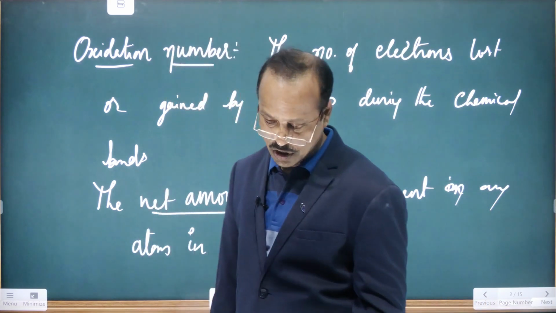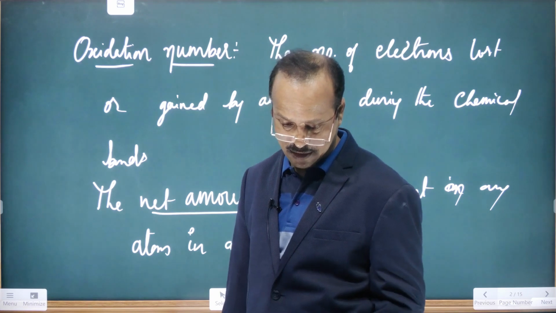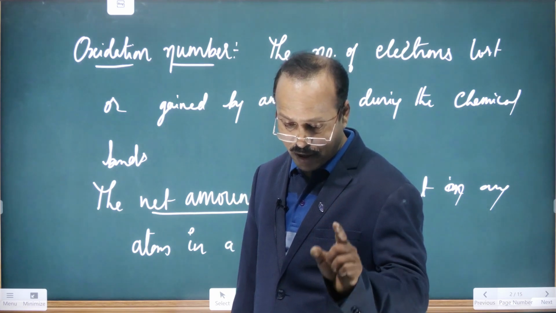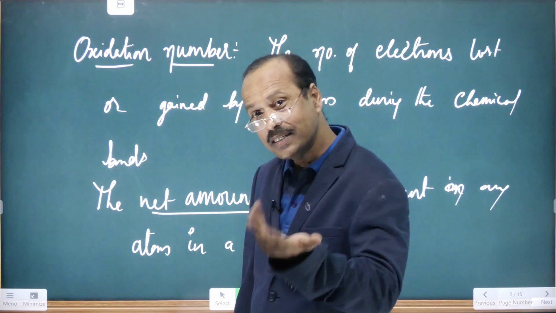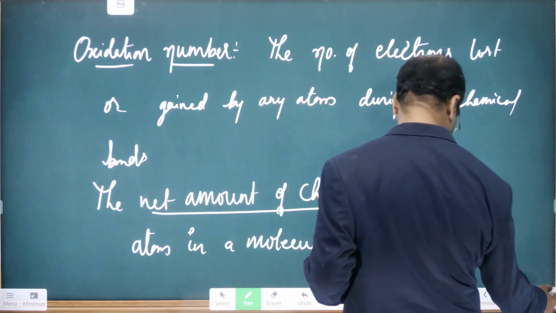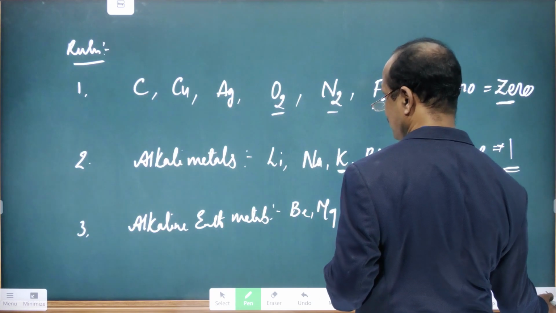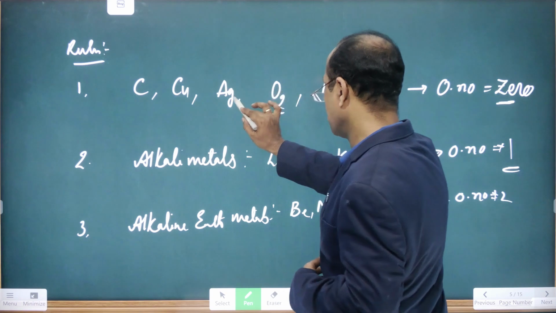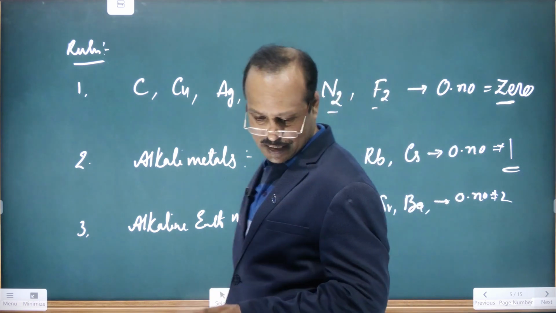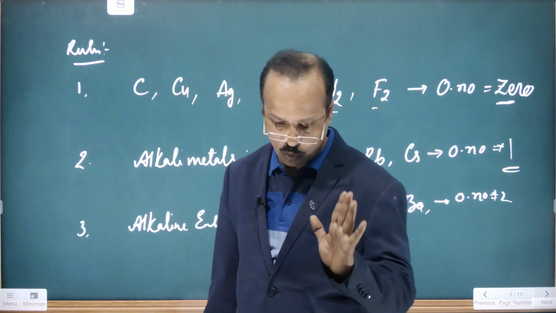So the first question's option is 1. Next, the oxidation number of an atom in its elementary form is 0. Elementary form means what? Individual. Like carbon 0, copper 0, silver 0, oxygen 0. So that is 0. So here also the second one is 1.